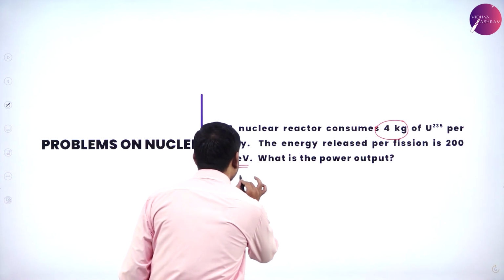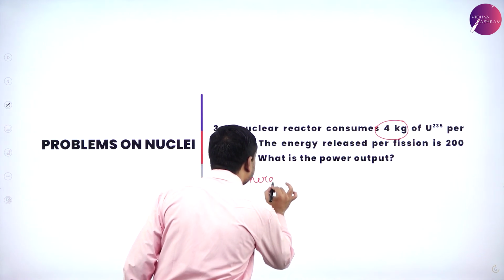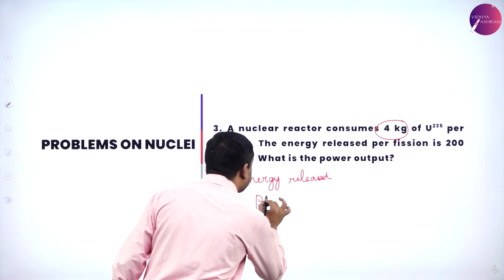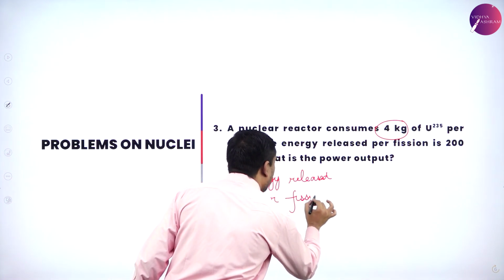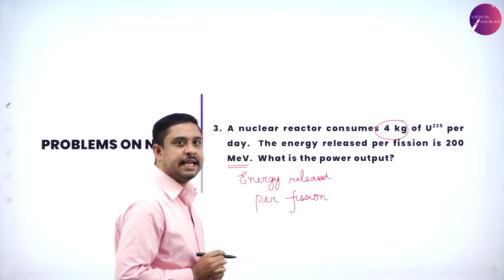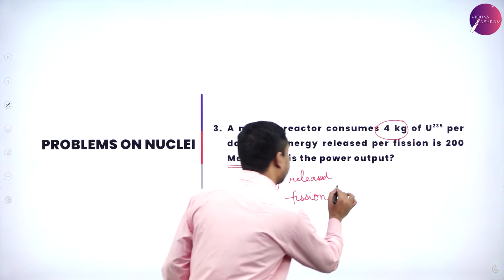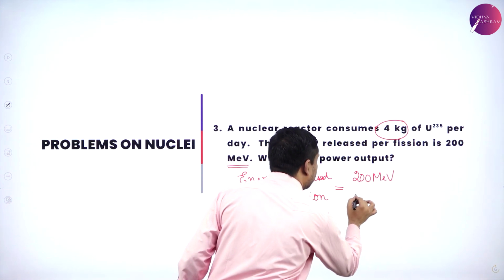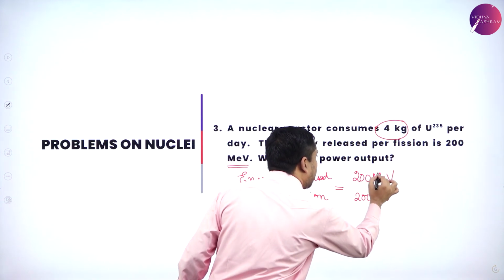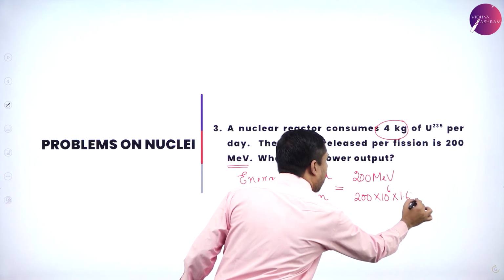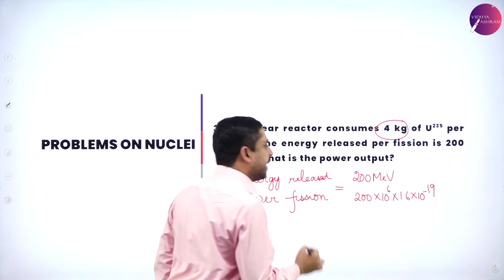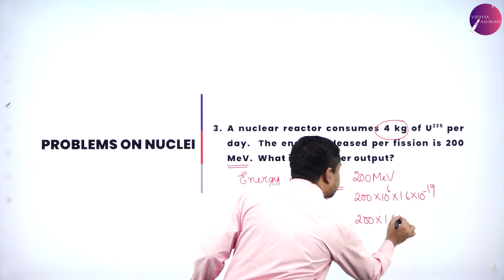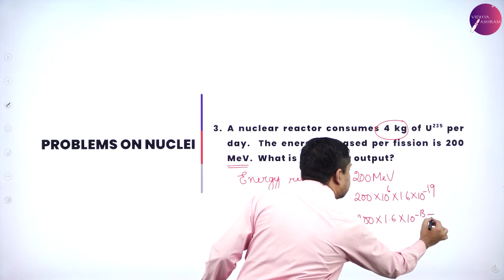And he says, energy released per fission is 200 MeV. 200 into 10 power 6 into 1.6 into 10 power minus 19, which is 200 into 1.6 into 10 power minus 13 joule.